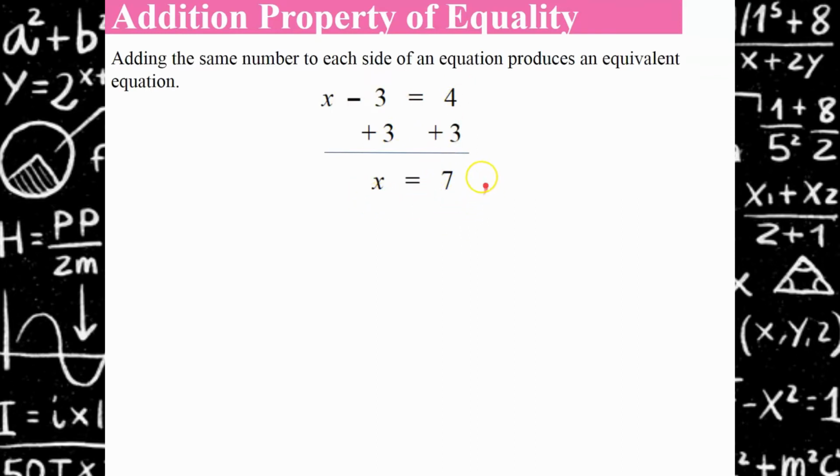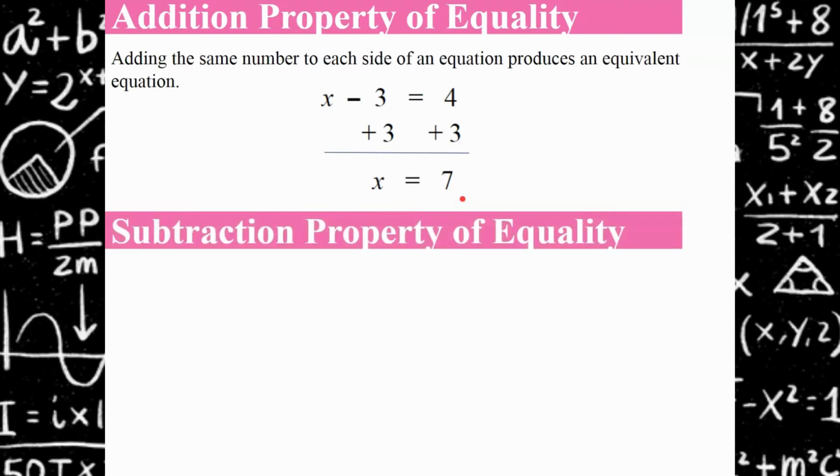So it produces the solution, which is also an equation, x equals 7. So this is an equation, and then we started with an equation. These are equivalent equations, because when we simplify this or solve this, we get an equivalent equation, which is also our solution.